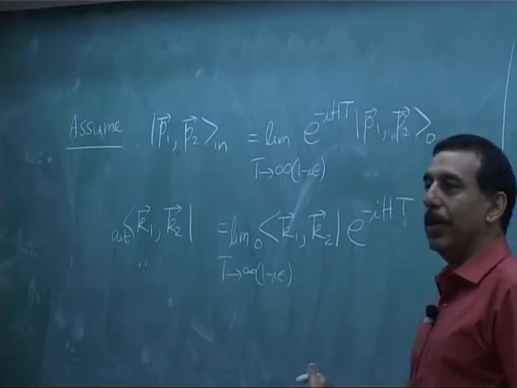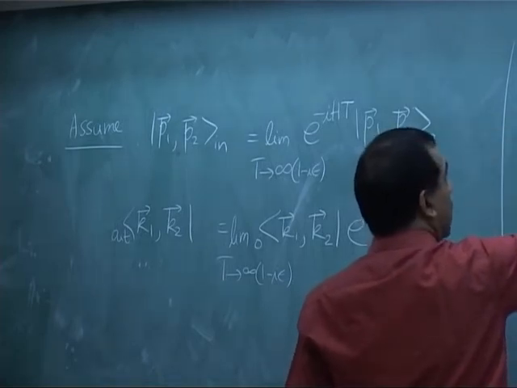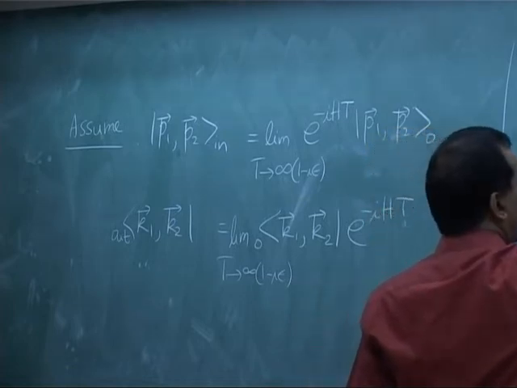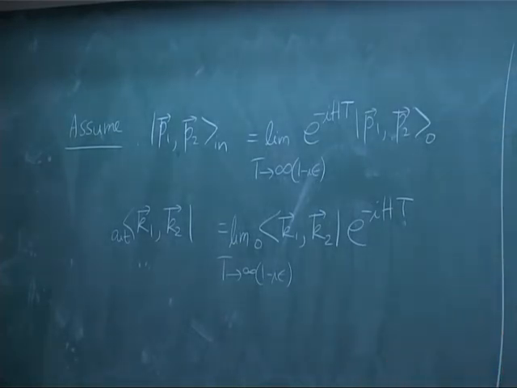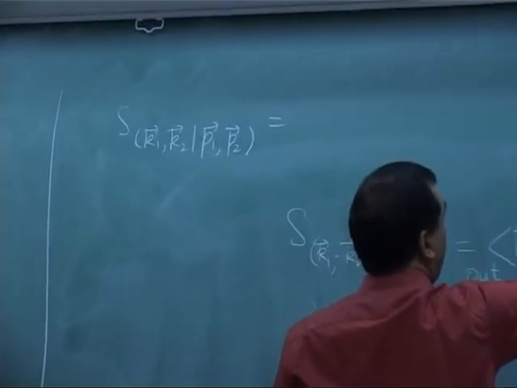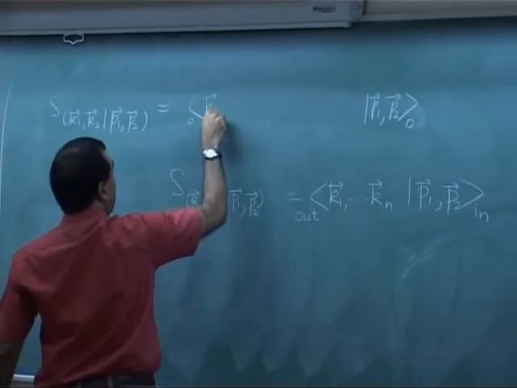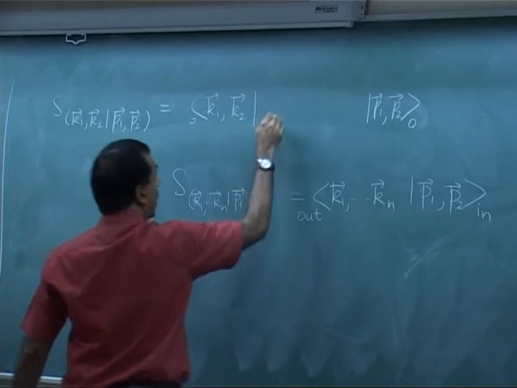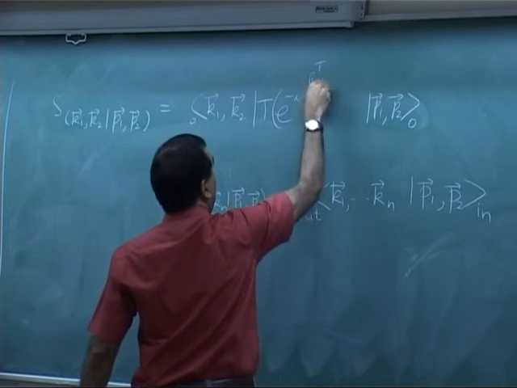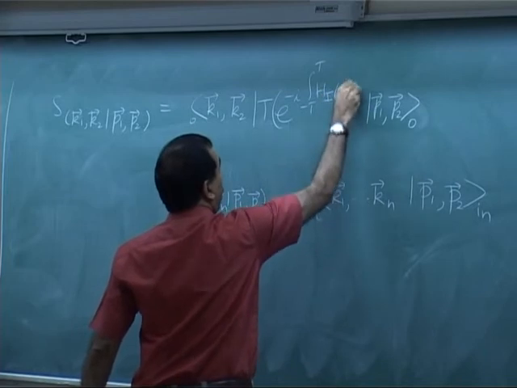So I'm bypassing all those steps and assuming they can be done, and that there's a final formula: S(K1, K2; P1, P2) is equal to the incoming state P1, P2, free, the outgoing state K1, K2, also free, and time-ordered e to the minus i integral from minus t to t of H interaction in the middle.